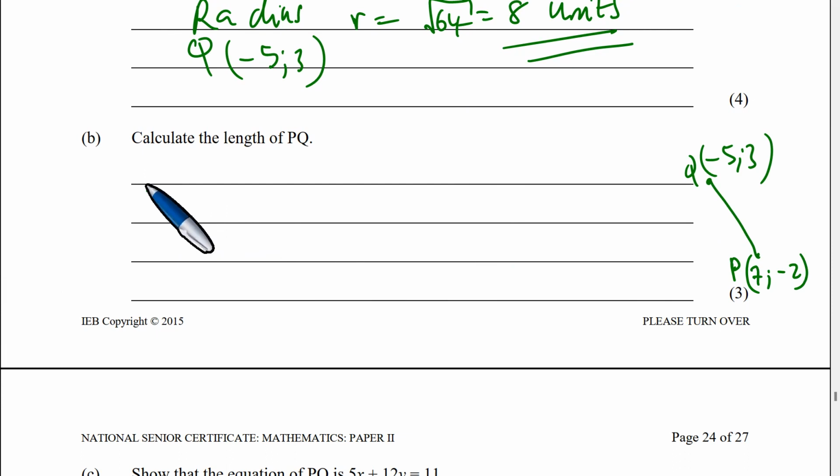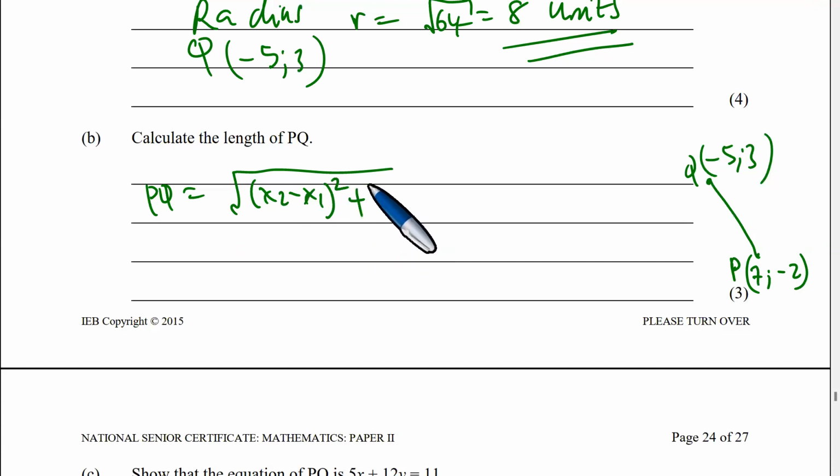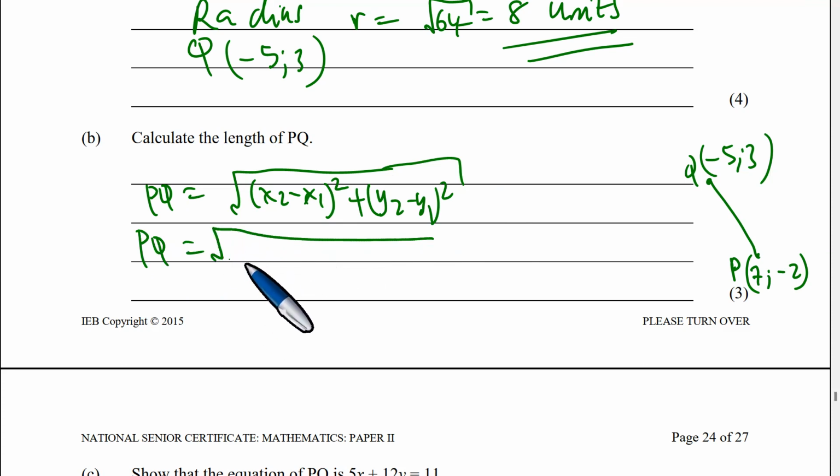Want to find the length. So we can easily find the PQ using the distance formula, which is x2 minus x1 squared plus y2 minus y1 squared. So x1, y1, x2, y2.